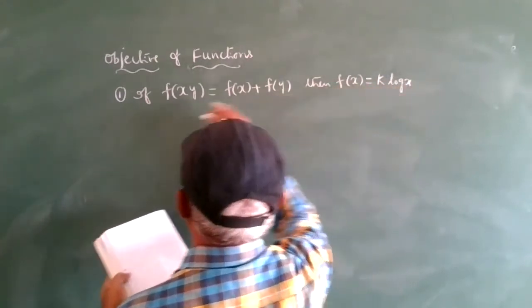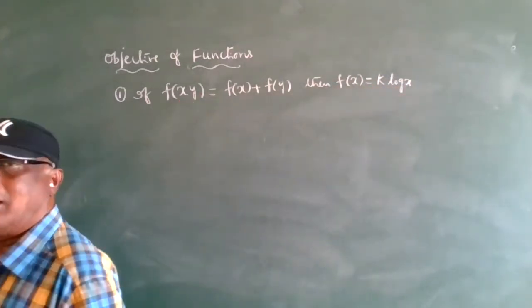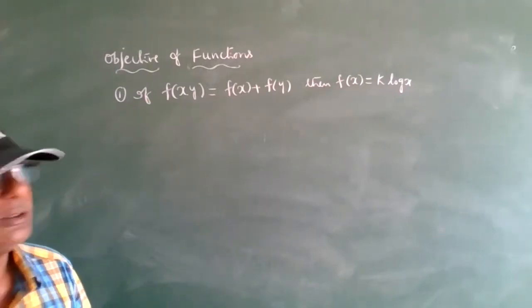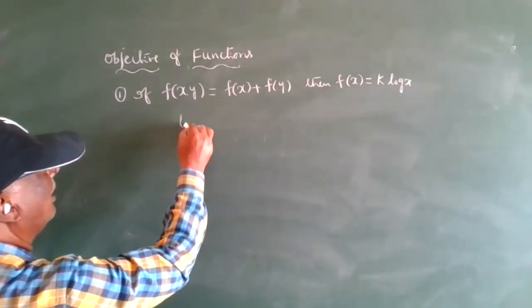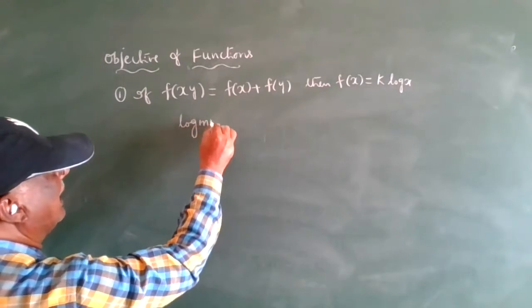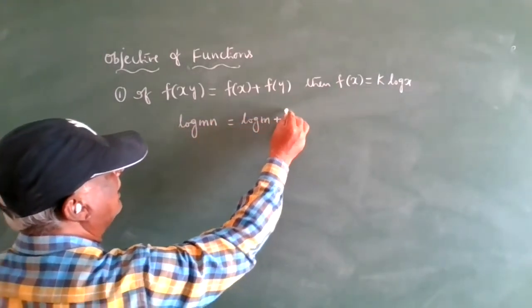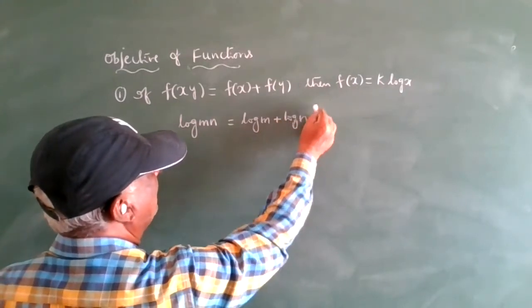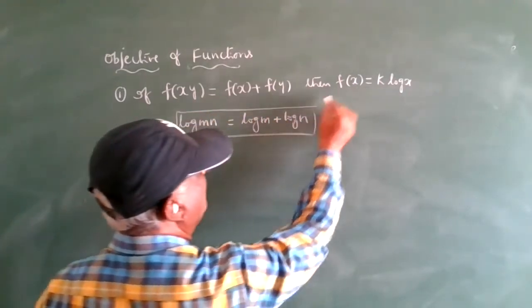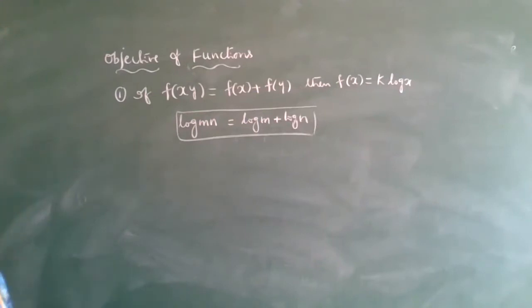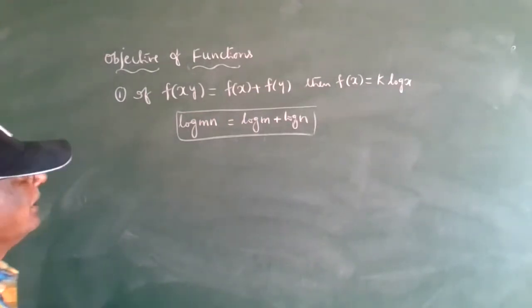You should follow the logarithmic formula: log of m into n is equal to log m plus log n. In this format, f of x should be taken as k into log x.